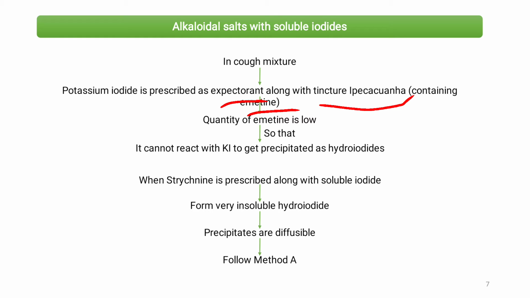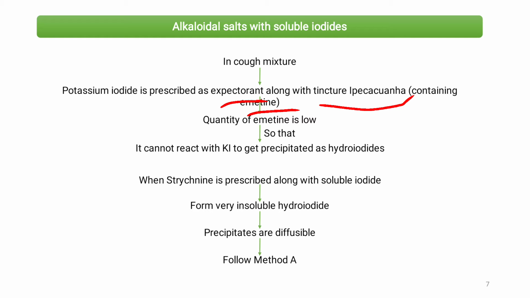That is, the quantity of alkaloid is very low, so there is not much to react with the potassium iodide to precipitate as hydroiodide. If there is a large quantity of alkaloid, it will react with potassium iodide and precipitate as hydroiodide.